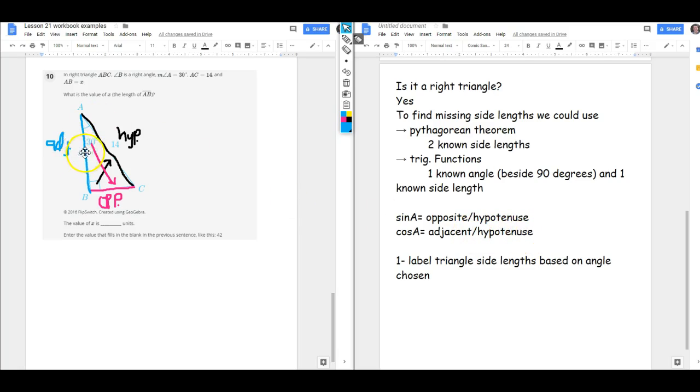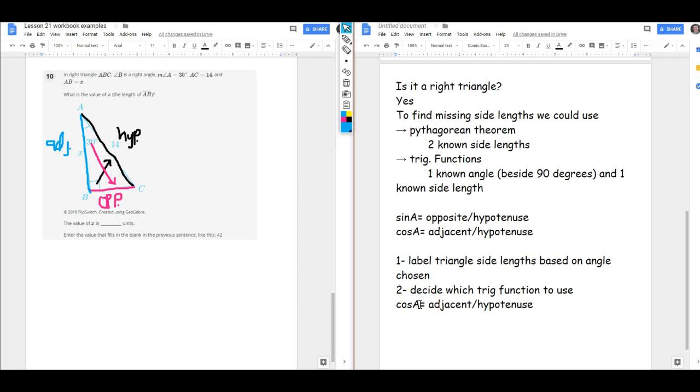So it does have the adjacent side length, which is the side length that we're trying to find, divided by our hypotenuse. So that's the one that we're going to use. To decide which trig function to use, I just stepped you through how I decided to use cosine of angle A.